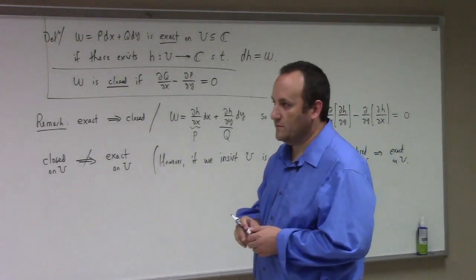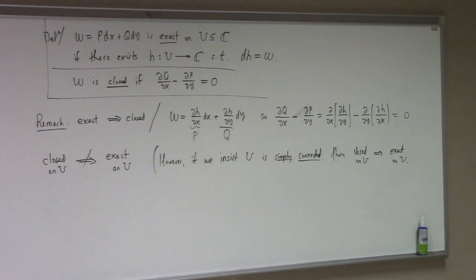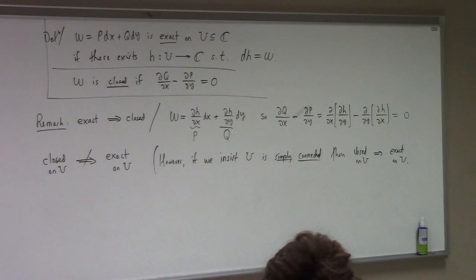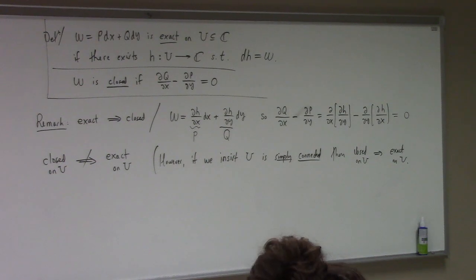Now, before I prove that, we should stop and appreciate what exactness of a differential form means. What does the exactness of h mean? What are other equivalent characterizations of exactness of h? What does that mean in terms of vector field language?